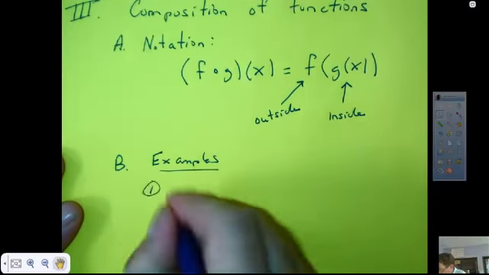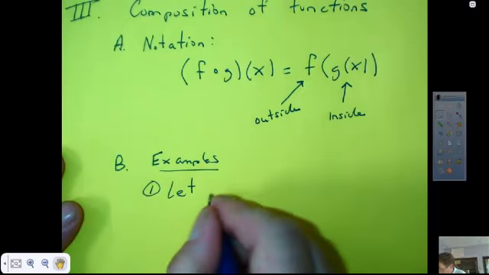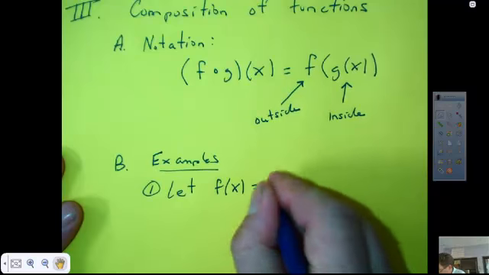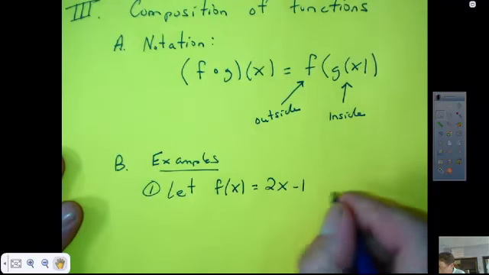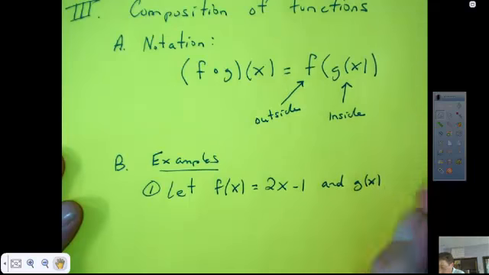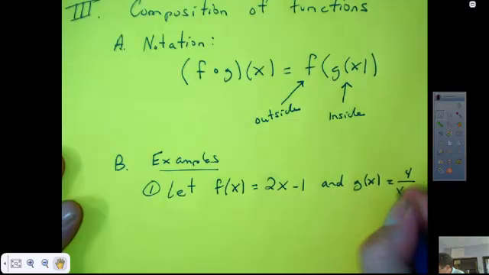So this first one, let's let f of x equal 2x minus 9, and g of x equal 4 over x minus 1.